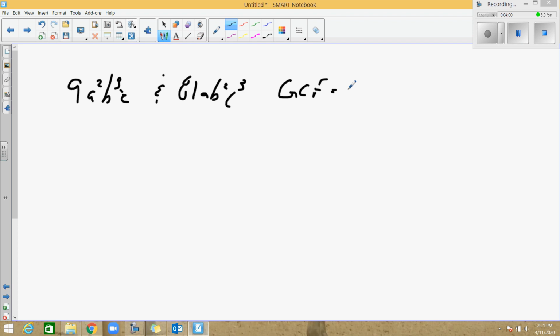Between 9 and 81, 9 is a factor of 81, so it is the greatest common factor, the largest number I can pull out of both of them. I can pull out an a, a b, and a c out of both of them. The most a's I can pull out because of this one over here is 1. The most b's I can pull out is the lesser amount, which is 2. And the lesser amount of c's is 1. So my greatest common factor there is 9ab squared c.